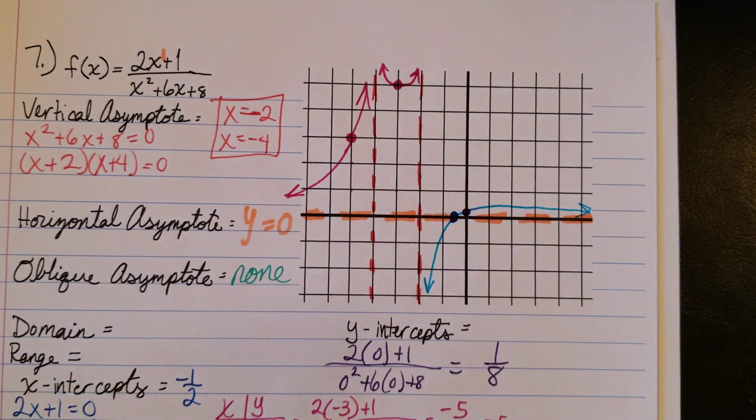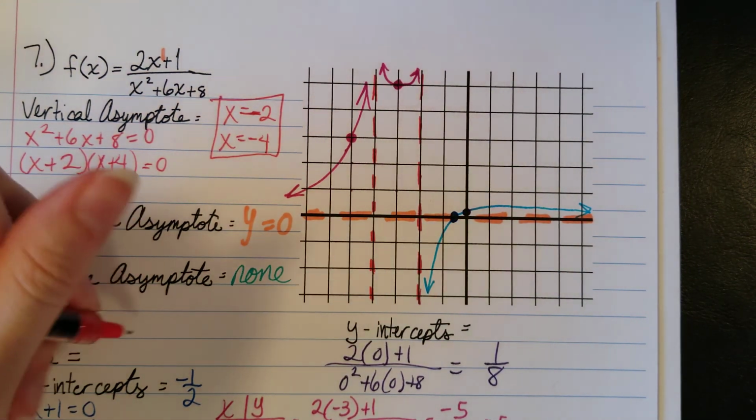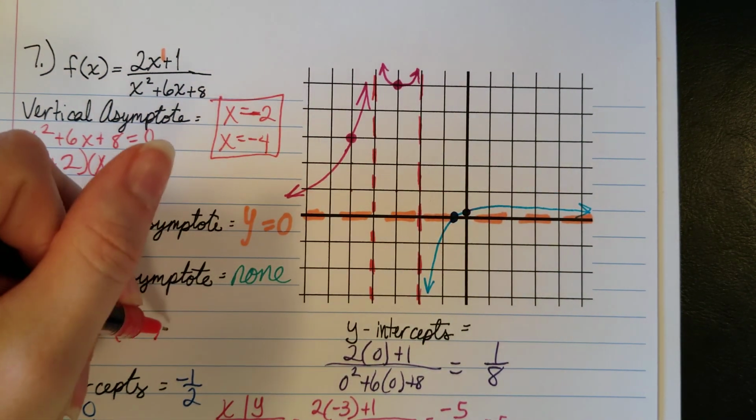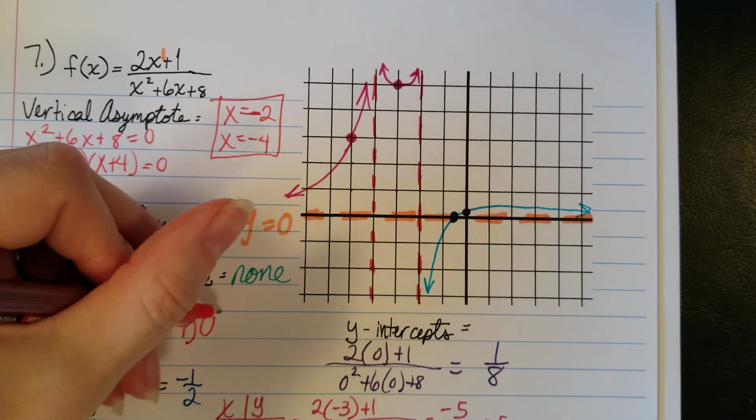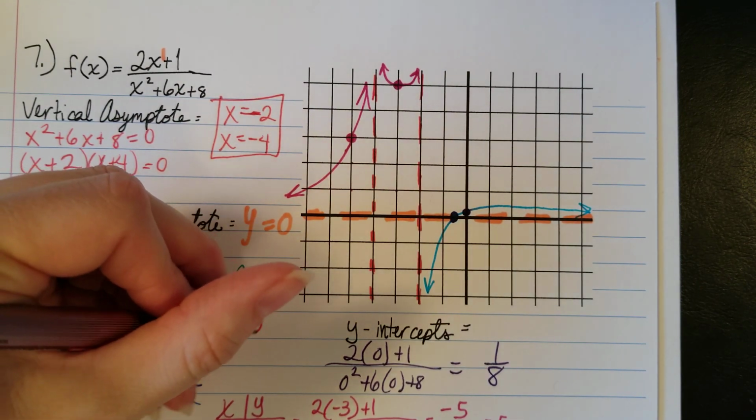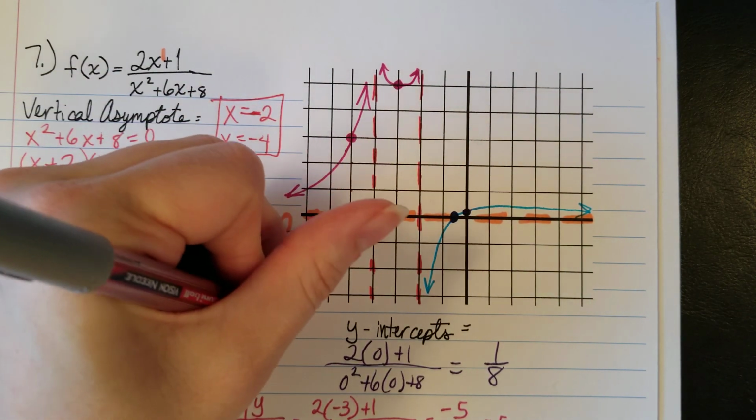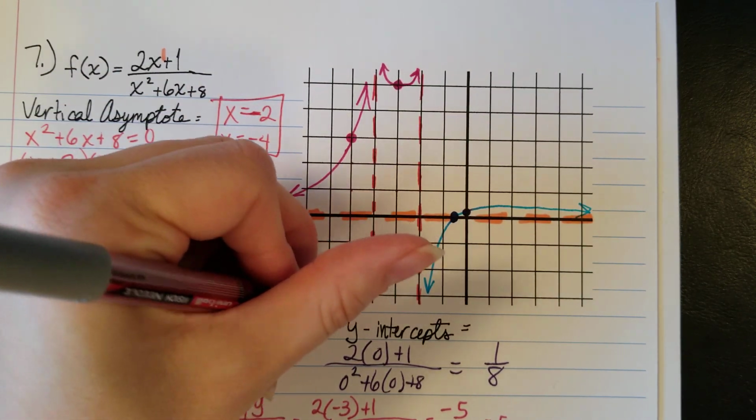All right, so that's below the axis. So it looks like that. There's my graph. So my domain is everything other than my vertical asymptotes. So -infinity to -4, then -4 to -2, union -2 to infinity.